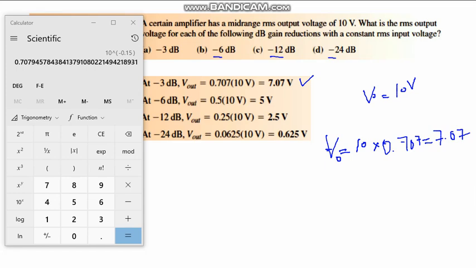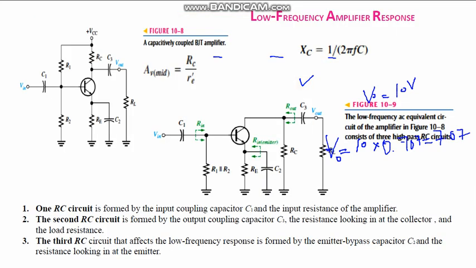Now next in the slide is that for a low frequency amplifier response, if this is the circuit, this is just again a recap of what we have done. Let's go through the slide.